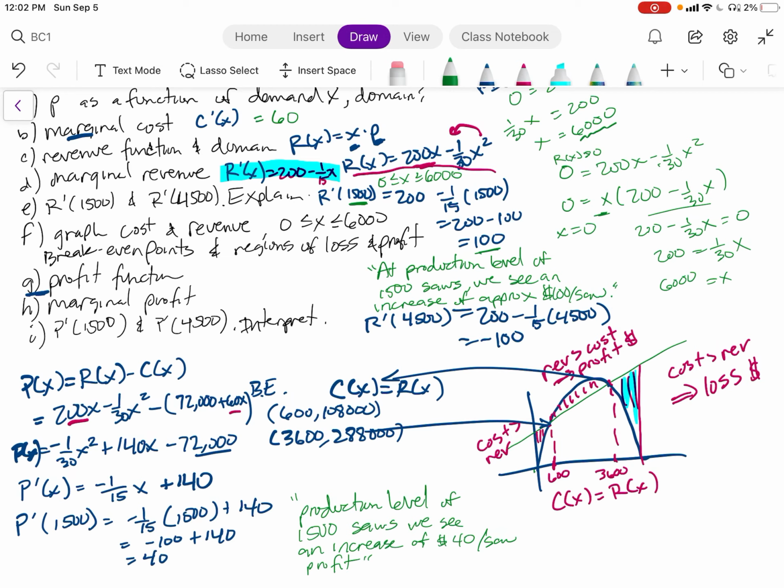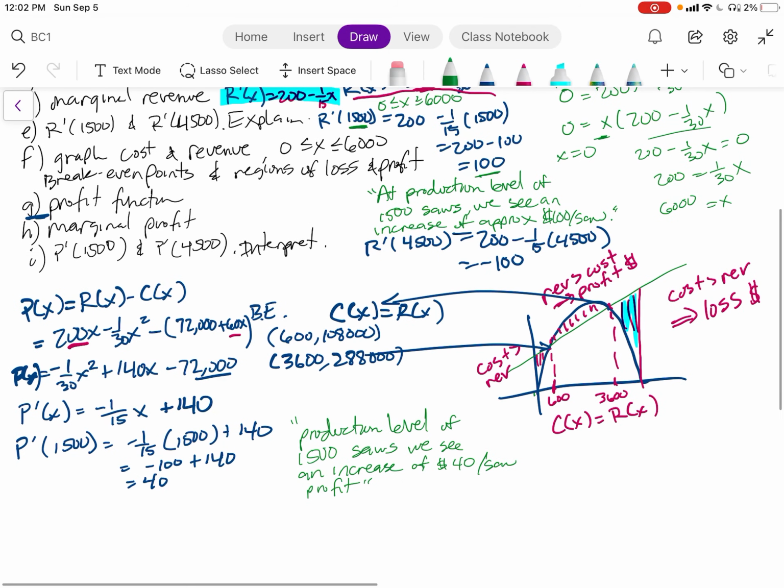Okay, so remember the revenue at that point was we were bringing in 100, but we still had costs. So after all the costs, we profited $40 extra.